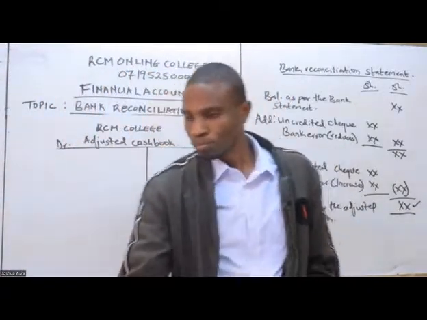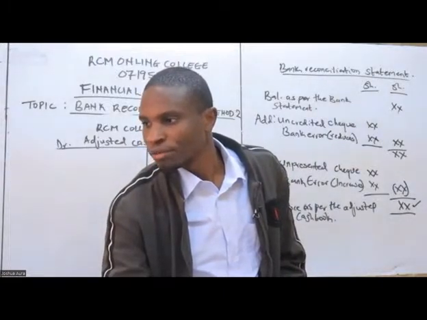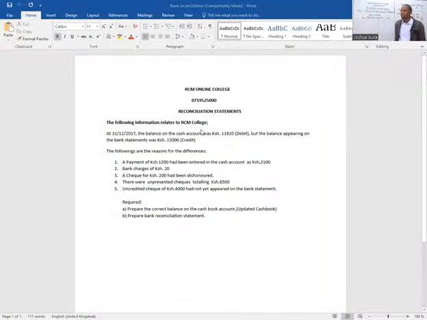From the question you can see that we have the balance that was brought down as per the cash book account. That is 11,820. So we have to debit that balance.